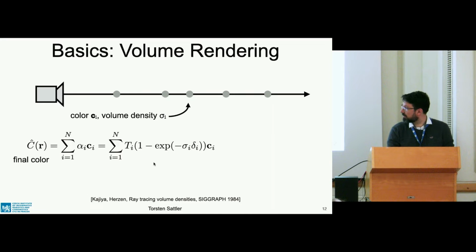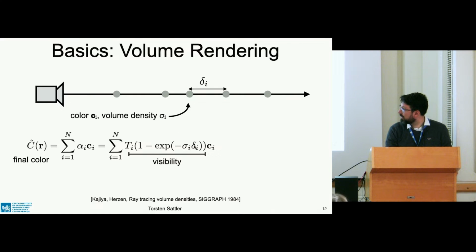And then the final color, as I said, is a linear combination of these individual colors. More precisely, the way that you compute it is this. There is a visibility term, and that's used to weight the color. This visibility term consists of 2 things. This first part looks just at the current sample. It uses the distance between this sample and the next sample, assuming that volume density and color remain the same here.